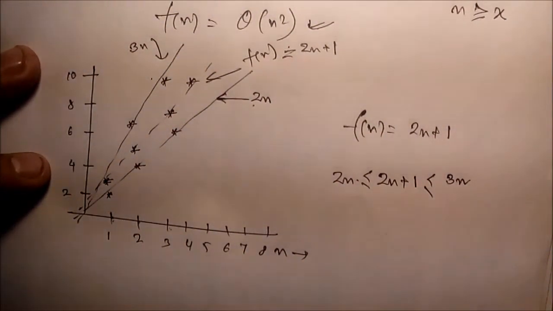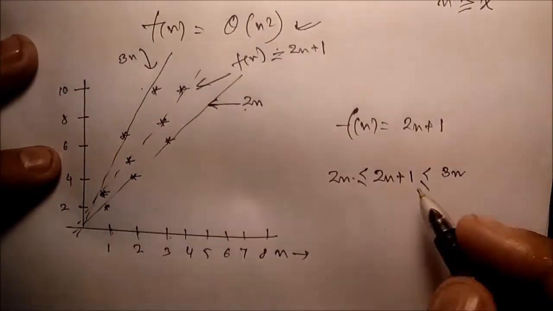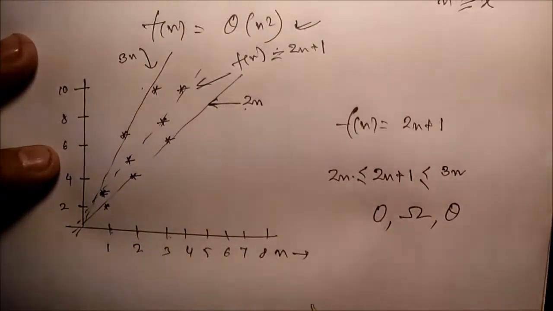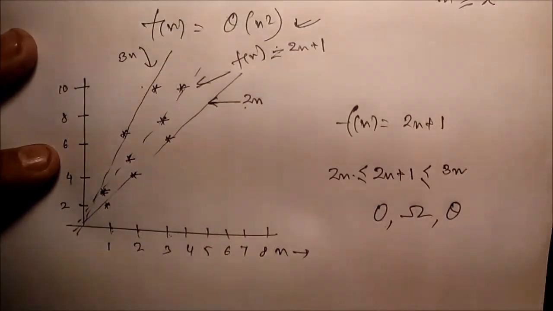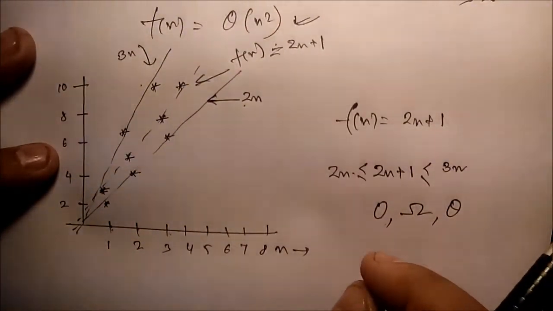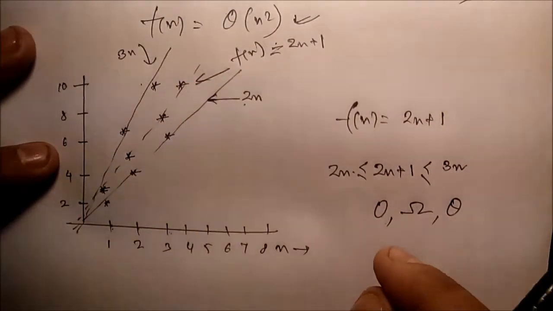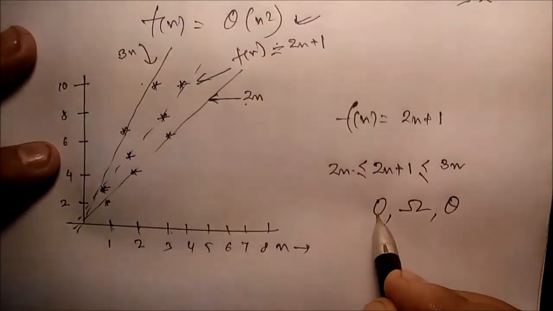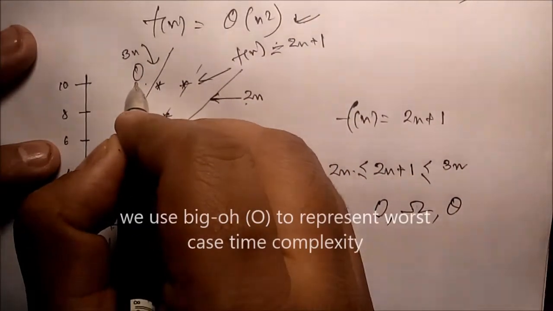Now we will see the practical application of theta, so big O, big omega and theta. If you know the particular function is the worst case function, you already know what worst case complexity is. If it is a worst case equation, then to represent this we use big O notation. Why do we use big O notation for the worst case?